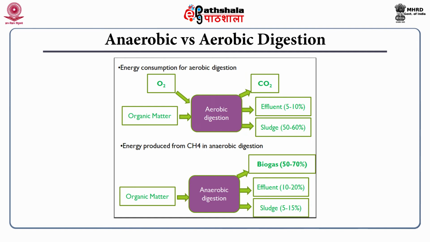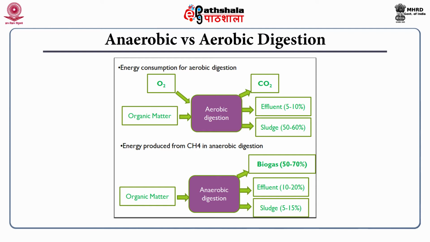You can see in this figure, in the case of aerobic digestion, the energy is consumed. The organic matter in the presence of oxygen undergoes digestion and produces carbon dioxide, sludge and effluent, and the sludge content is 50 to 60% with 5 to 10% effluent.